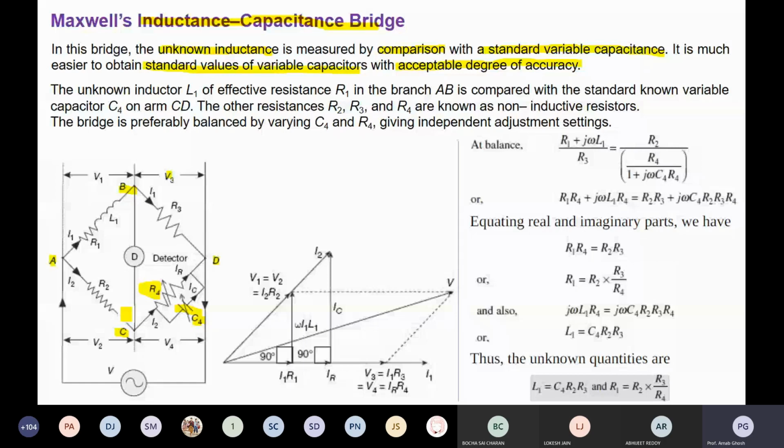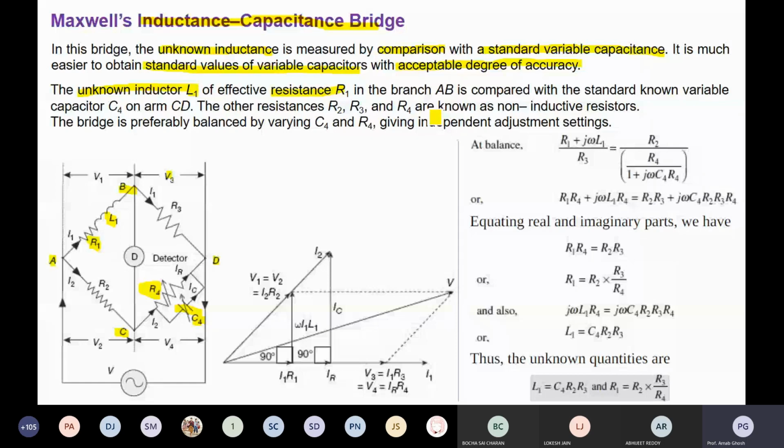Here you can see the unknown inductor is L1, and R1 is the equivalent series resistance, the effective resistance of branch AB.